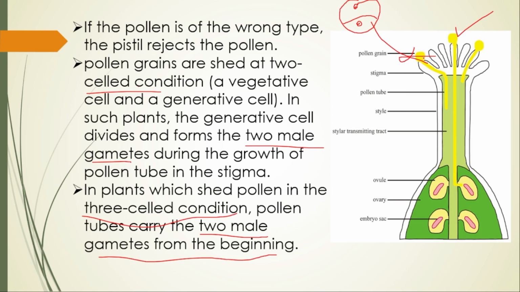After exposing here, this generative cell will divide to form two male gametes, one and two. This is for the two-celled condition. If the pollen grain is shed at the three-celled stage, the generative cell has already divided to form two male gametes, and the vegetative cell will be there.